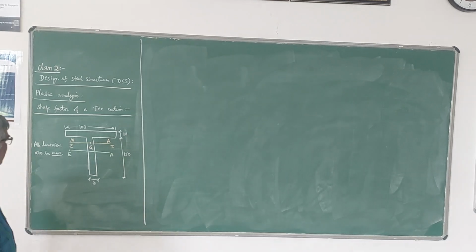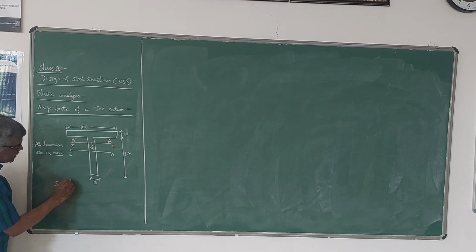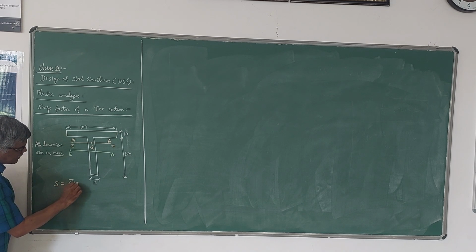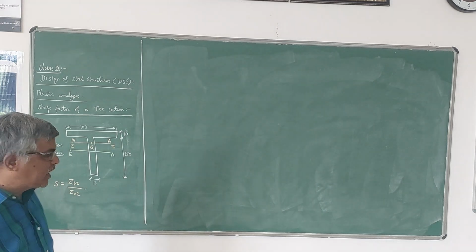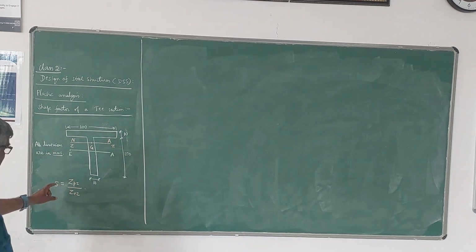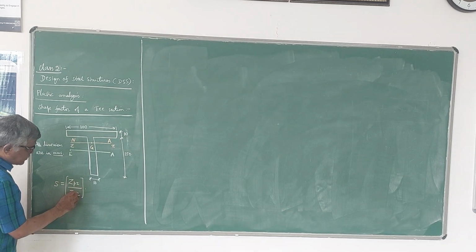So, as I explained in the last class for the triangular section, shape factor is defined as ZPZ divided by ZEZ, that is, plastic section modulus about the Z axis divided by elastic section modulus about the Z axis.